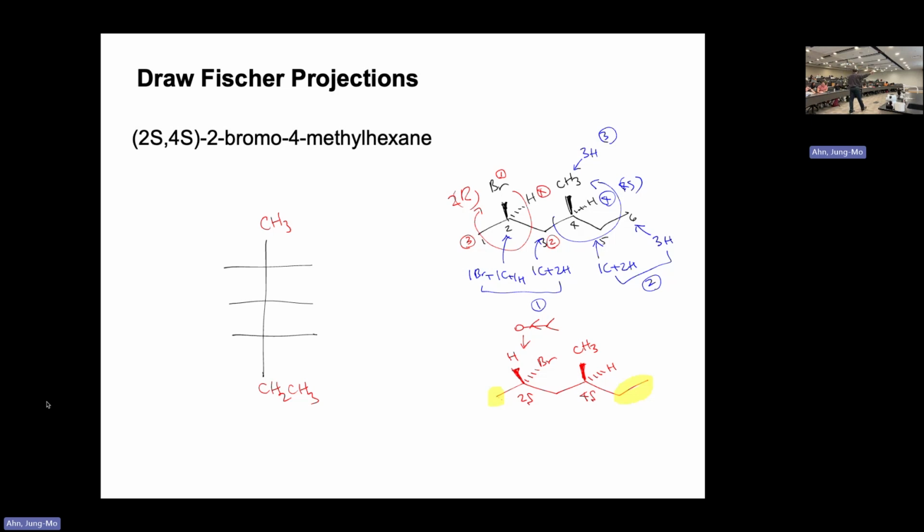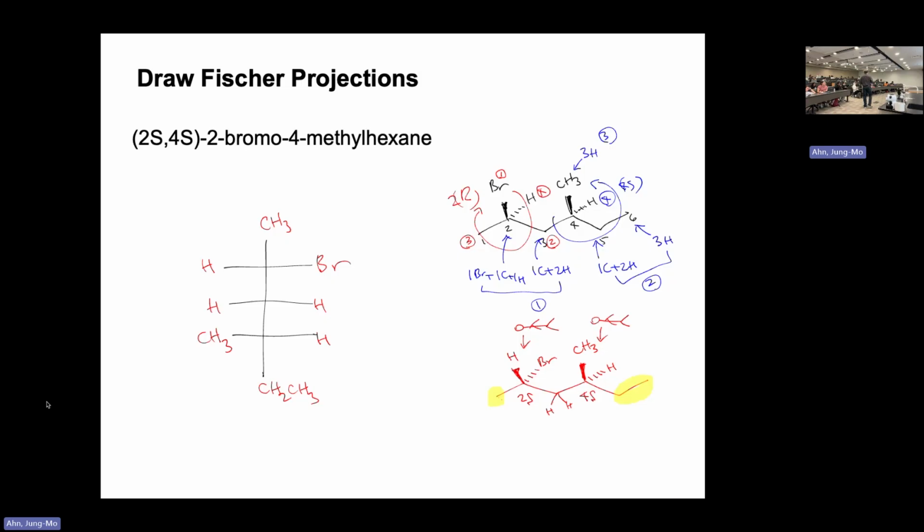That means it's on my right hand side. And then this becomes a CH2, just 2 hydrogens. And then the methyl is coming out of the screen, coming toward you, so that is on your left hand side. So I put it on the left hand side there. So this should be the Fischer projection of this molecule.